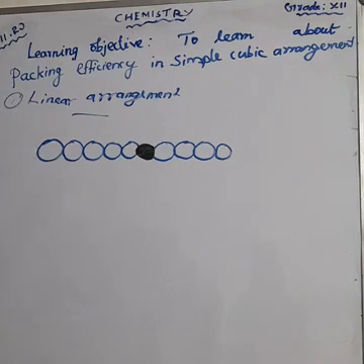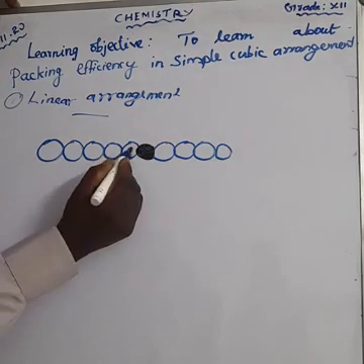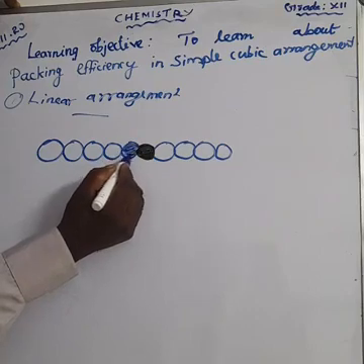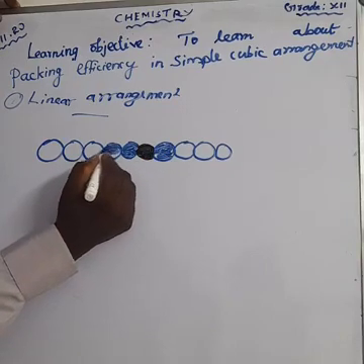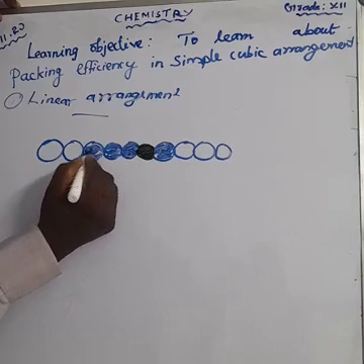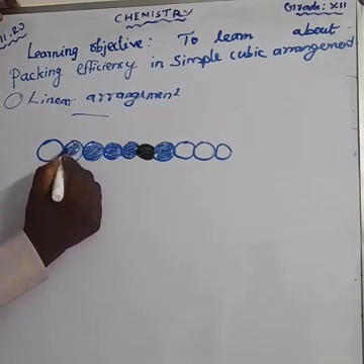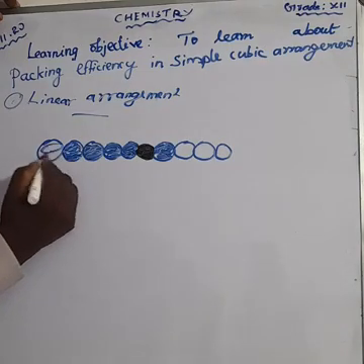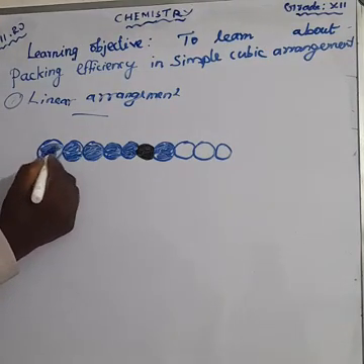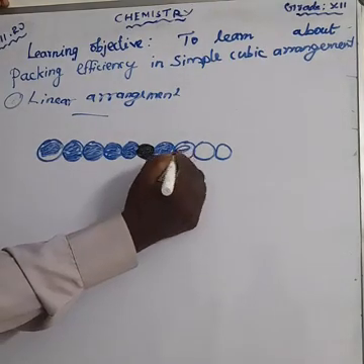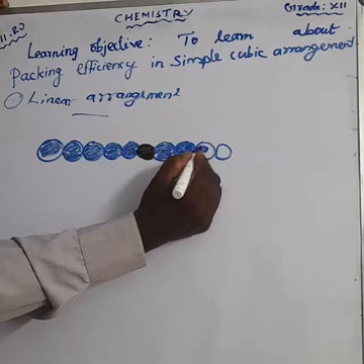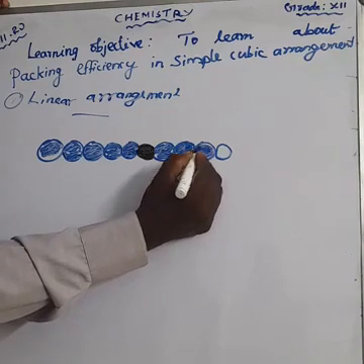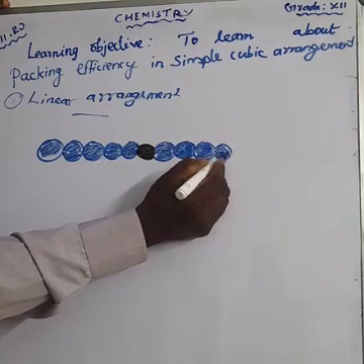In this arrangement, each sphere is in contact with two neighboring spheres on either side, not on a single side. This arrangement we call a linear arrangement of spheres.